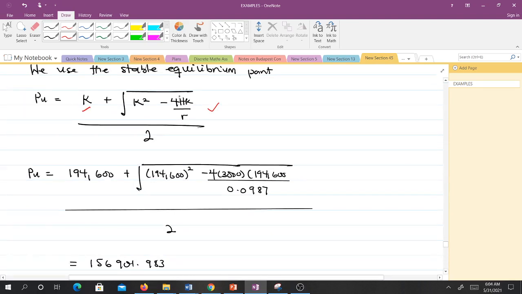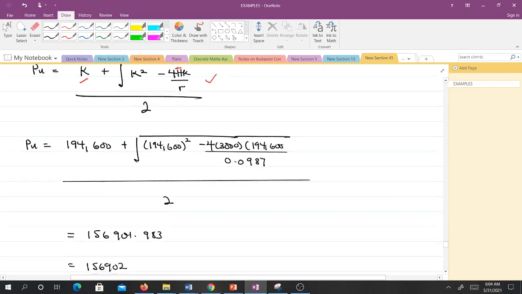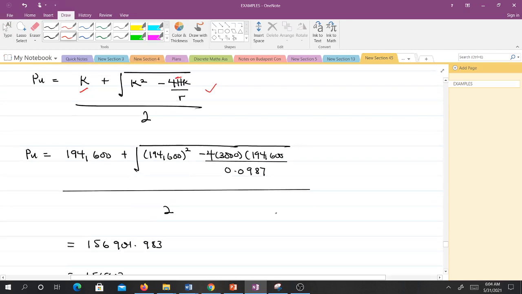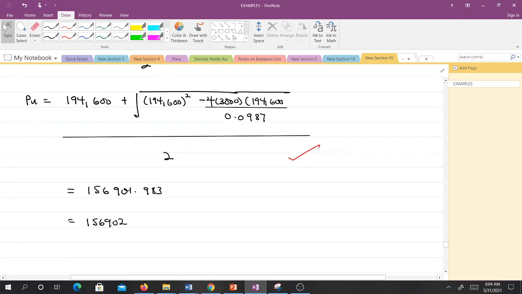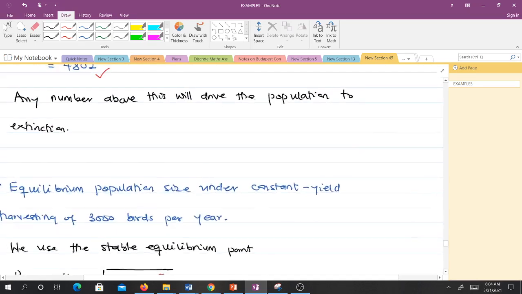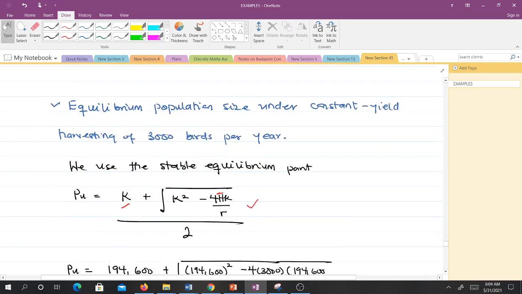We've been given our H to be 3,000 and our R is 0.0987. We just make substitution into the formula, and when we compute, we get 156,901.983, which we can round to 156,902. So this is the equilibrium population size with a constant yield harvesting of 3,000 birds per year.